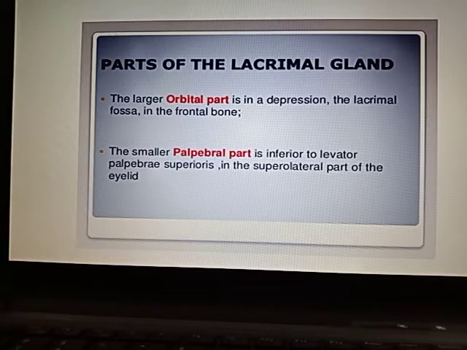It is smaller than the orbital part, lies between the conjunctiva and the palpebral fossa, and is adherent to the conjunctiva. These two parts of the gland are continuous around the lateral margin of the levator palpebrae superioris.